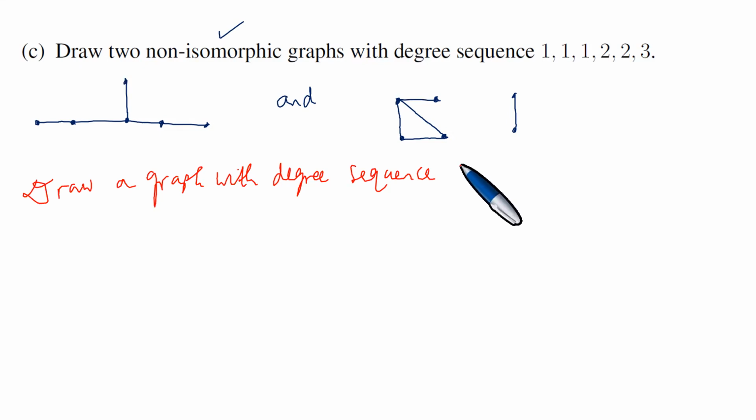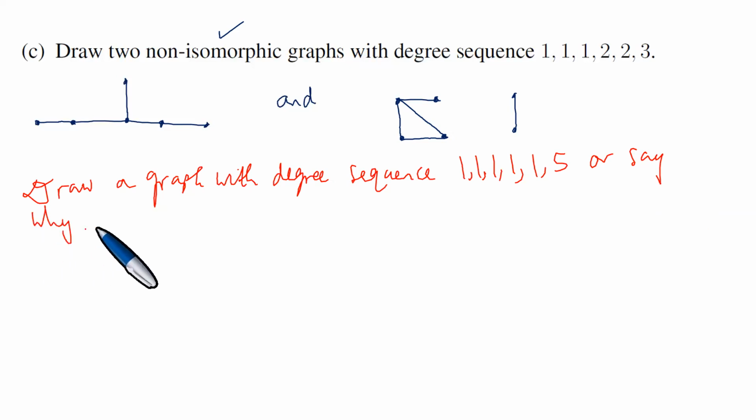Draw a graph with degree sequence, or say why no such graph exists. Let's give another example here: five of the ones, a 5.